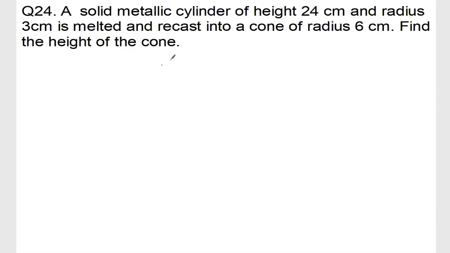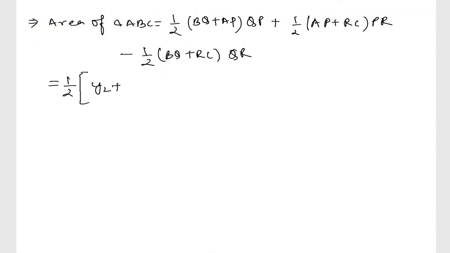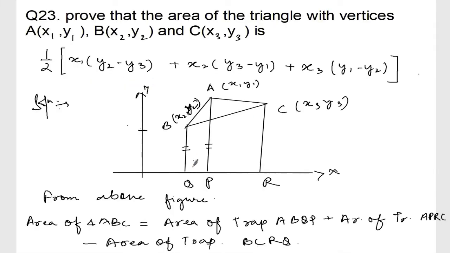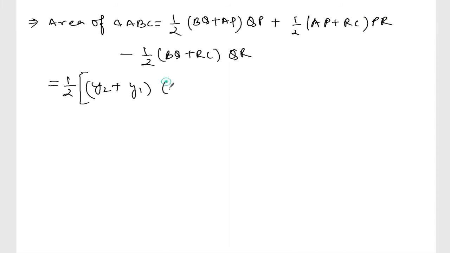So y2 plus y1. What is QP? QP is x1 minus x2, since this much is x1 and this much is x2. So you can write this as x1 minus x2. Like this, I can write down everything.